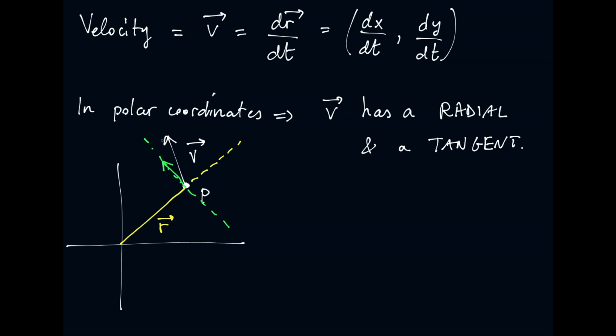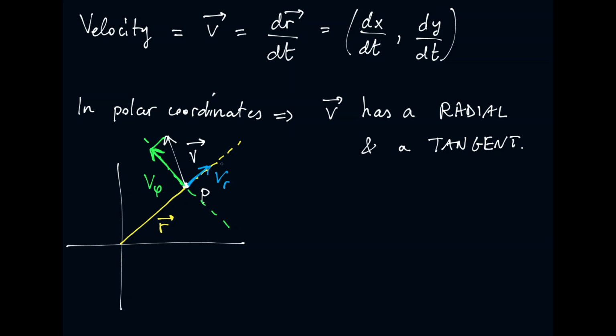This arrow doesn't look very accurate now, but this would be v in the tangential component, and this would be v in the radial component.